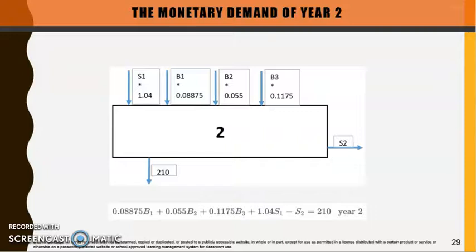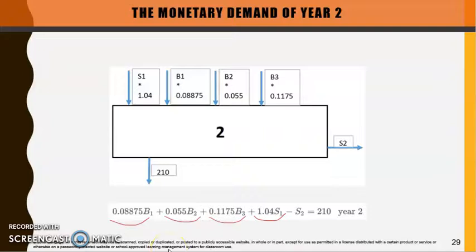The income from bond 1 plus the income from bond 2 plus the income from bond 3 plus the principal and interest of money you invested in the saving account, minus the amount of money you want to invest in the saving account at the beginning of year 2, all of these things must equal 210.